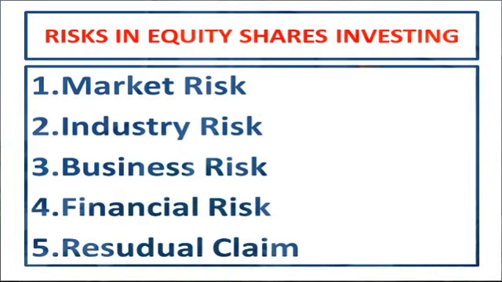Their debts may be heavy compared to assets, so in certain crucial situations the financial risk may arise. Residual claim: equity shares have only the residual claim. In case of company closure, equity shareholders get paid at the end, after clearing all categories of obligations. Only if there is any balance left over will equity shareholders get that amount.